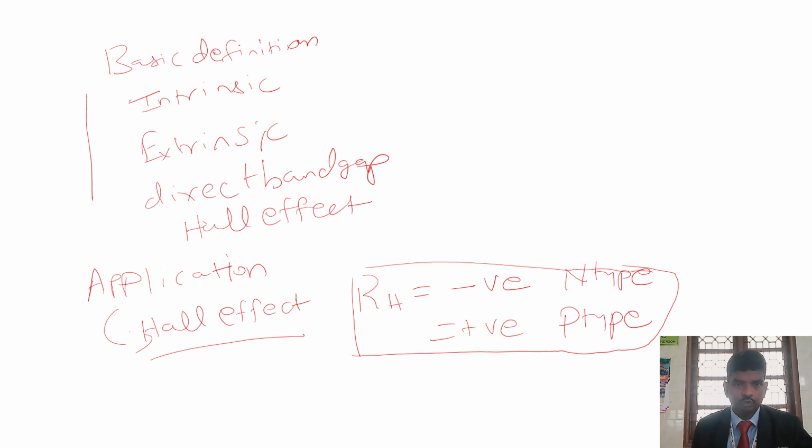And of course, without semiconductor material, there is no electronic industry. The electronic industry is mainly due to the semiconductor material. So that part can be asked. And what else?